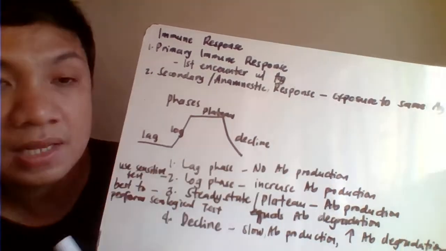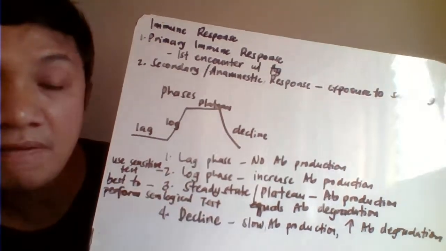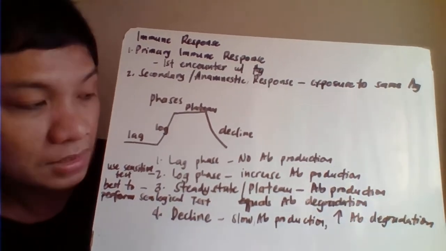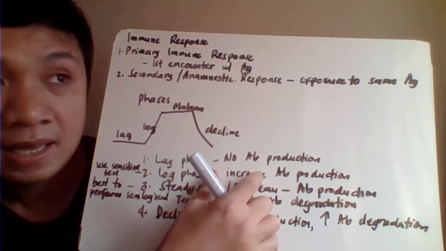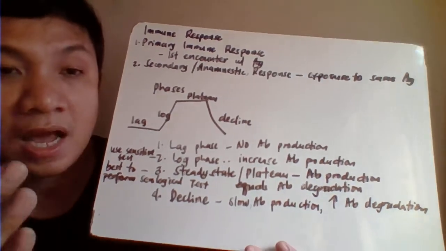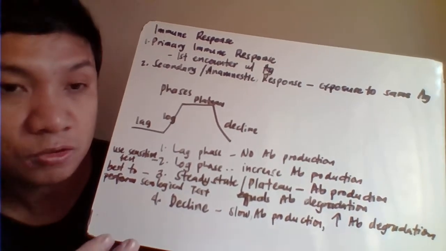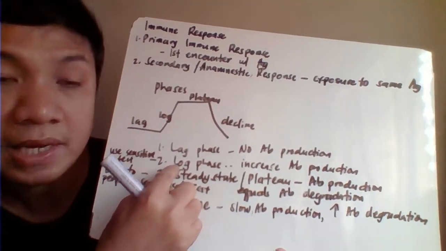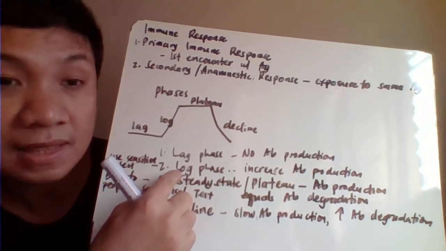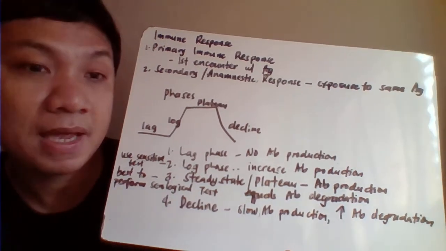And then you enter the LOG phase, characterized by an intense antibody production. Since dito magkakilala na sila, and eventually there's already phagocytosis, antigen presentation, it will stimulate already the antibody production. And with it, on the next stage, what you have would be an intense antibody production. Dadami na ng dadami ang antibody natin.